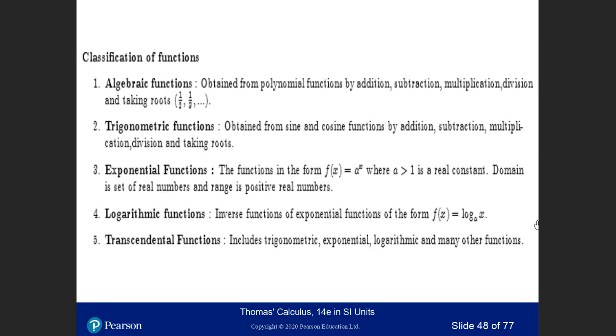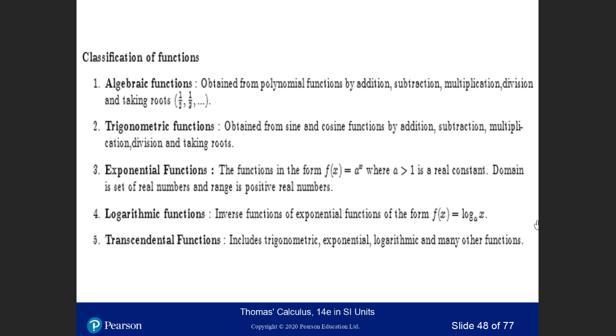When you divide, the divisor should not be 0, of course. And taking roots, like 1 over 2, 1 over 3. So algebraic functions are obtained from polynomials or rational functions. So these we call algebraic functions.